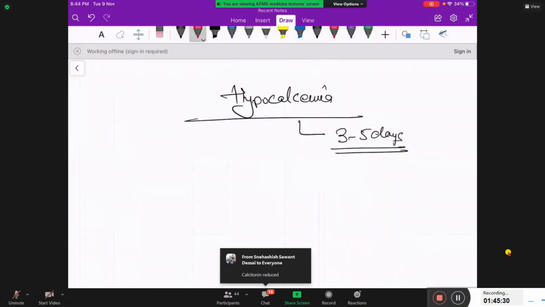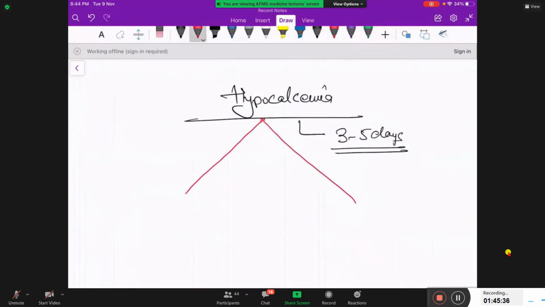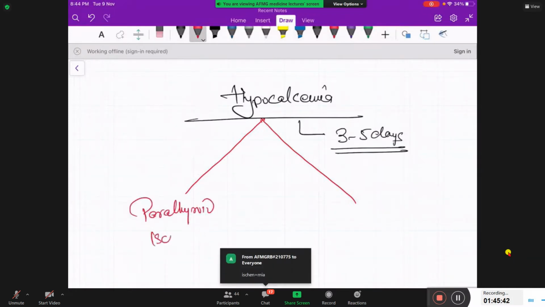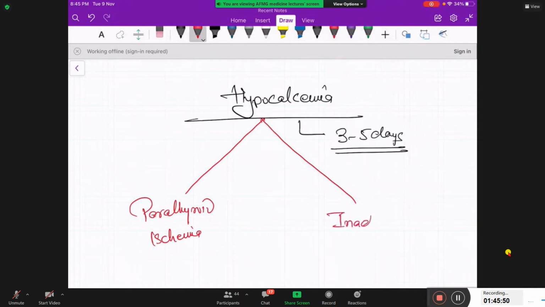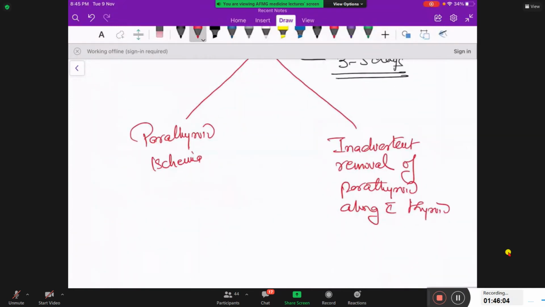The reason for this hypocalcemia, there are two reasons. One reason is parathyroid ischemia. Second is inadvertent removal of parathyroids along with thyroid.